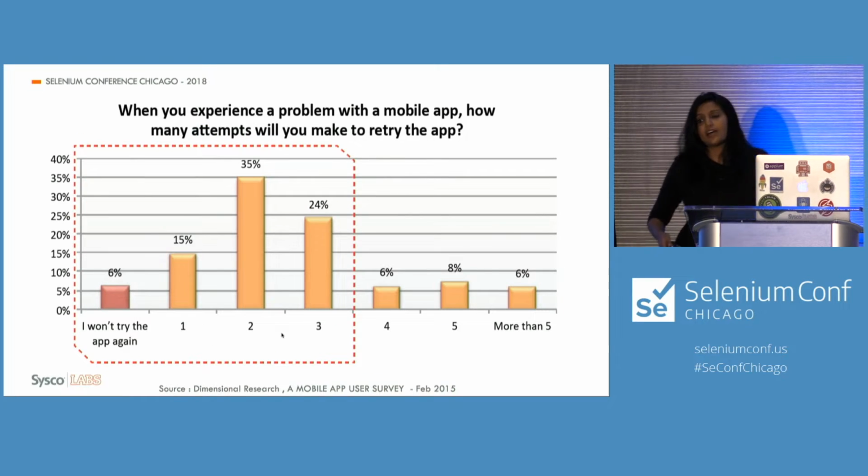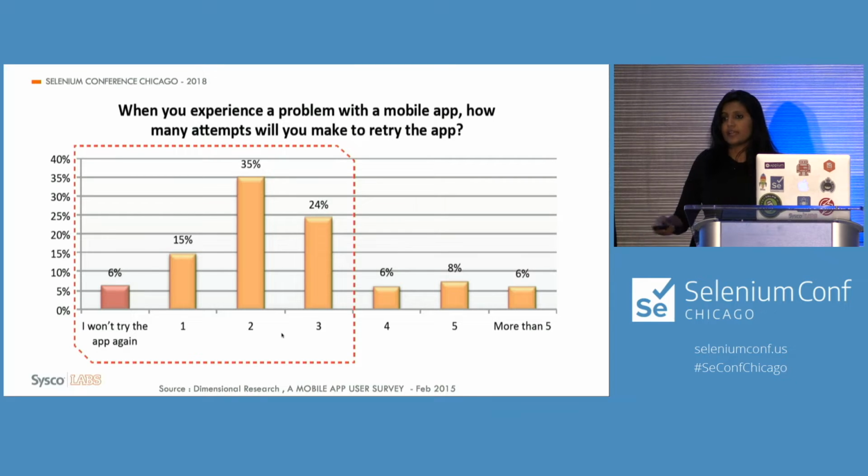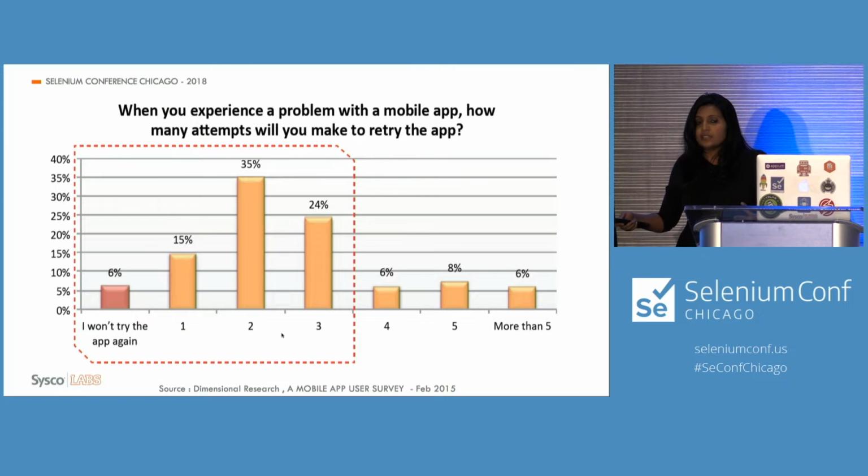In this survey, they also asked, if the app is slow, will the end users reuse the app, and how many attempts will they make before moving on? The maximum most of them said was 3, and there was a significant amount who said less than 3. So that's a wake-up call. We'll lose our end users if we don't worry about performance.